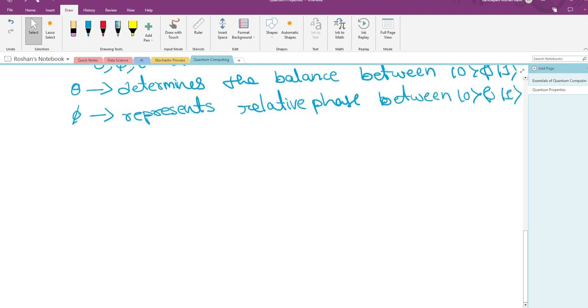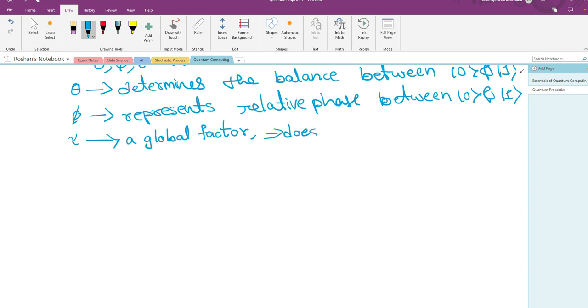Okay, now gamma is basically a global factor in this representation, and it doesn't affect our measurement.